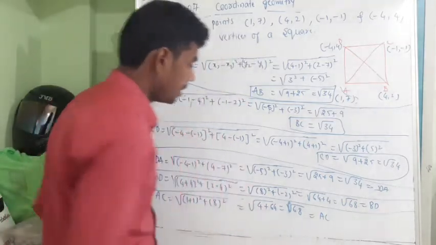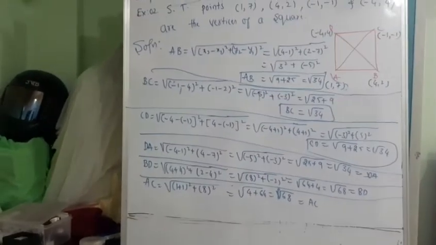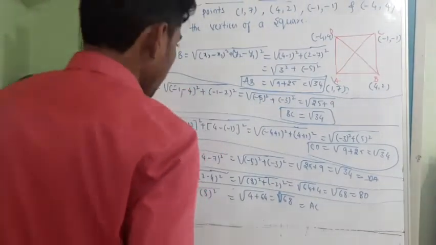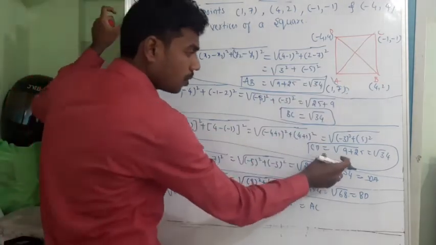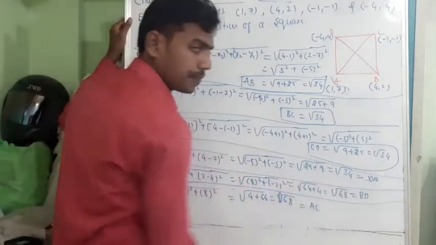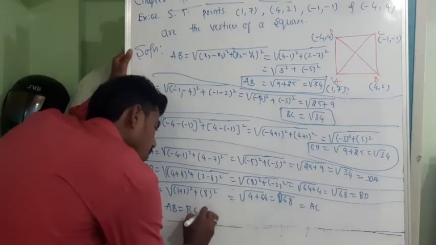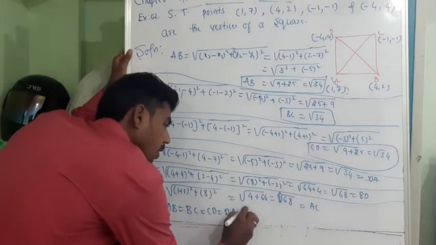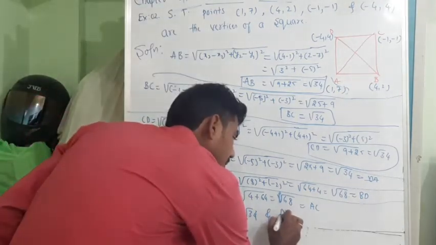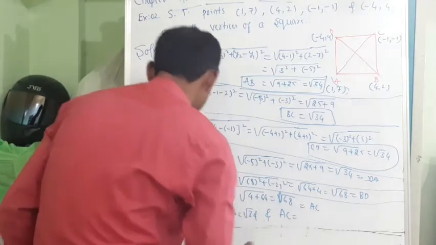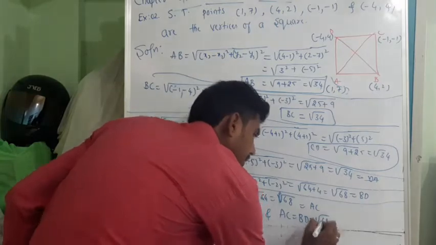Now, what conclusion did we get? AB is equal to BC is equal to CD is equal to DA is equal to root of 34, and AC is equal to BD is equal to root of 68.